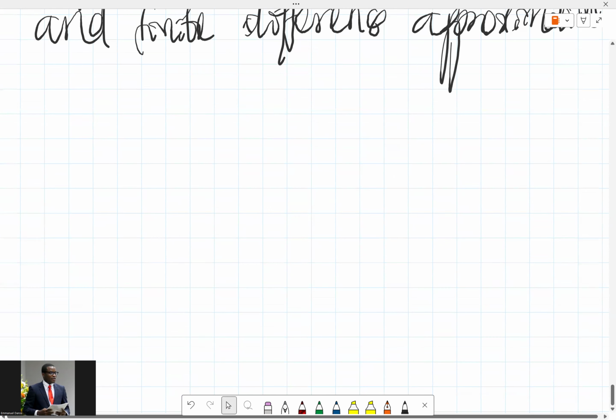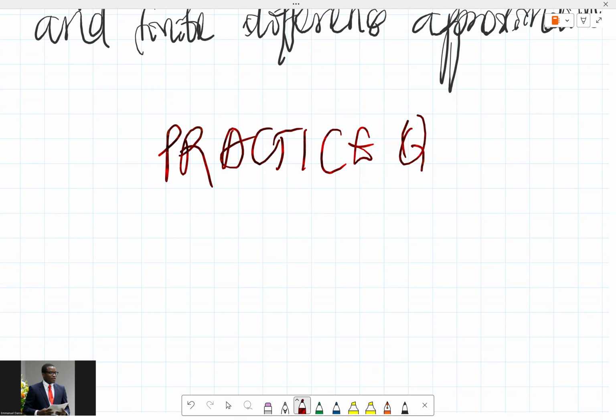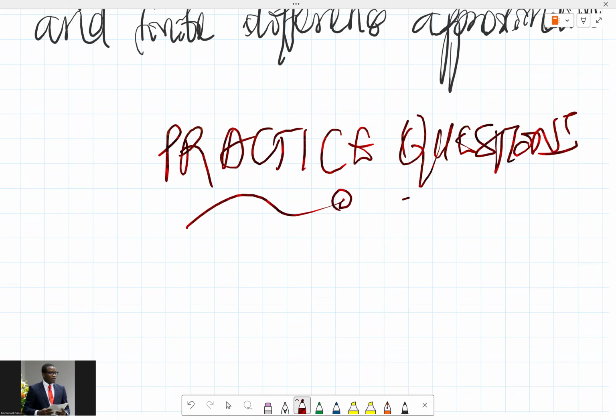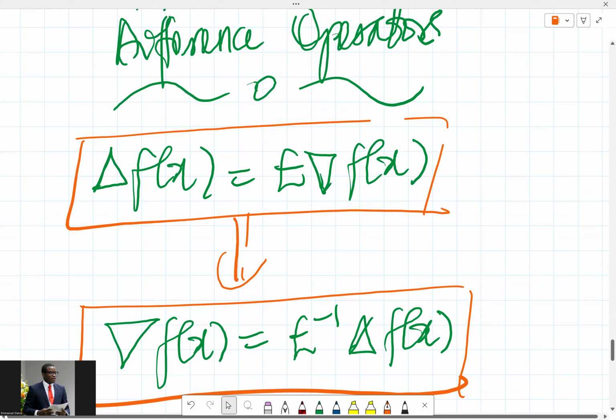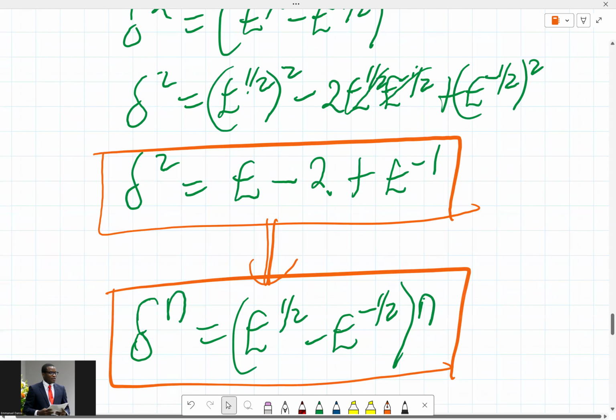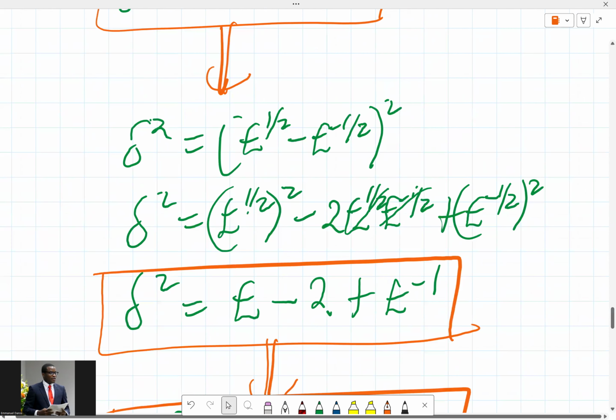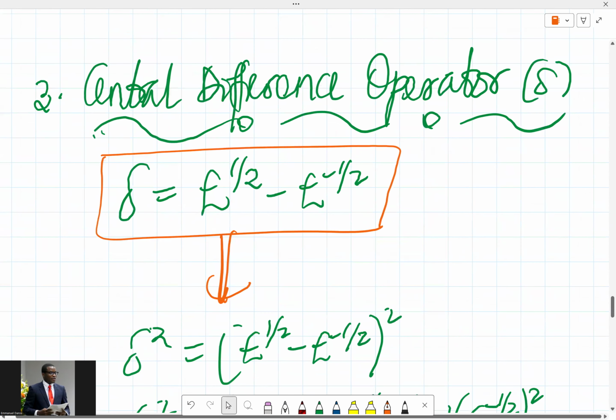So the practice question here would be something like this. I'd like you to prove the relationships. How many relationships did we establish? We have 1, 2, the basic one, 3.